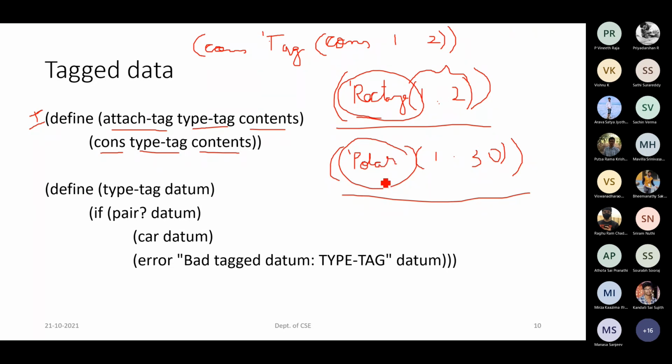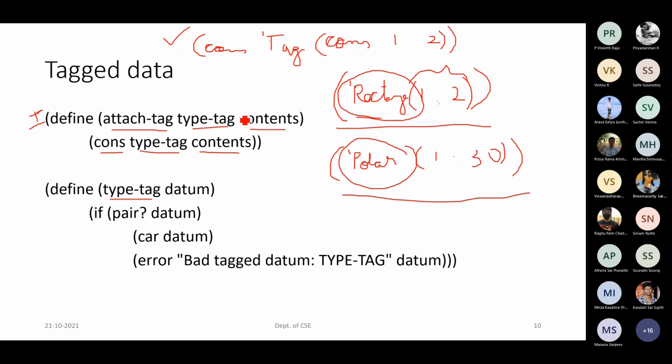That is what we first have to extract. For extracting that, we have defined this type tag, where we are expecting your input to be in this format, a complex number along with the tag.